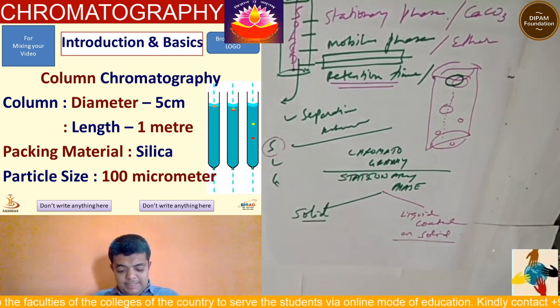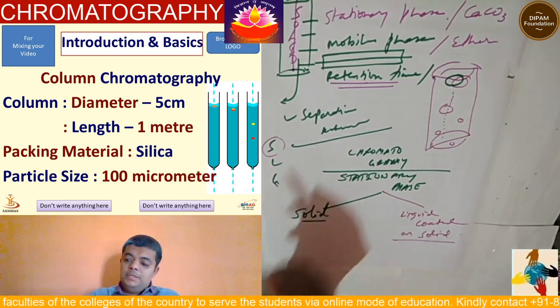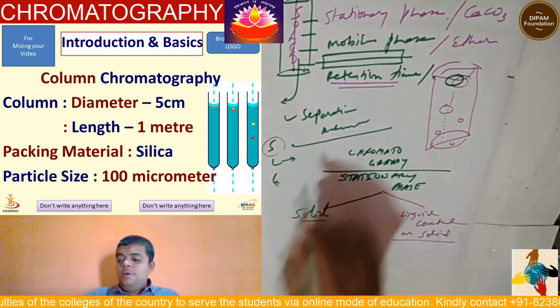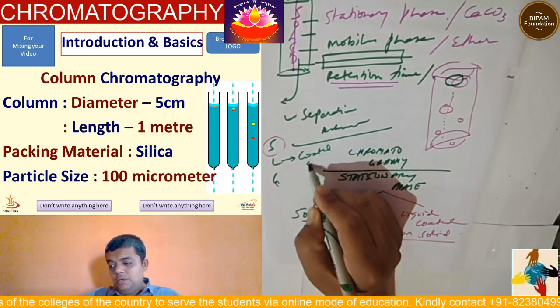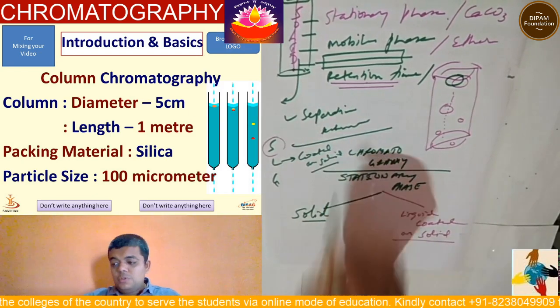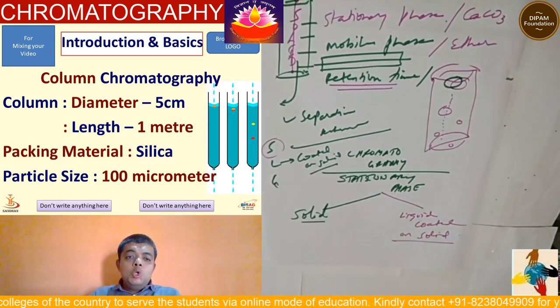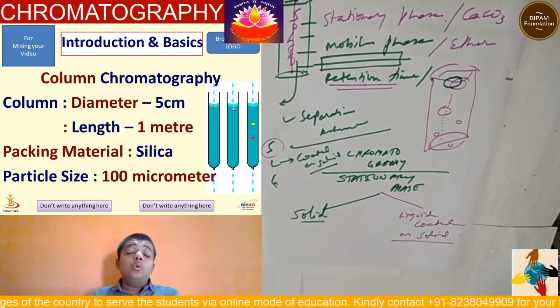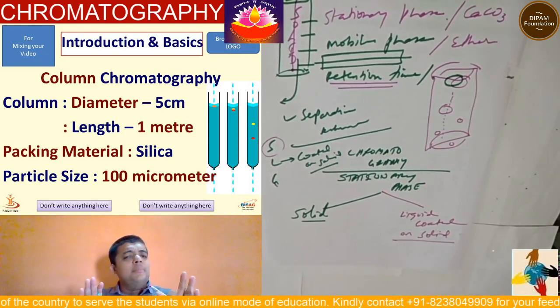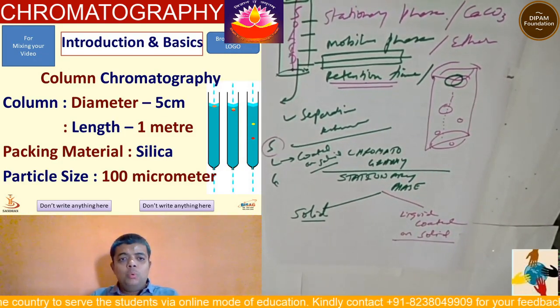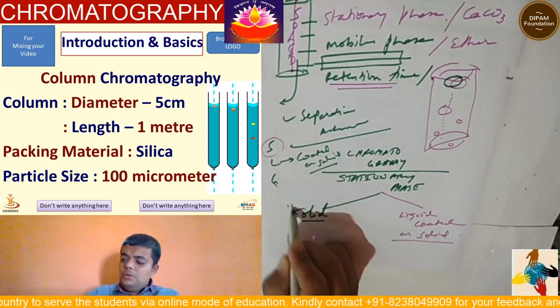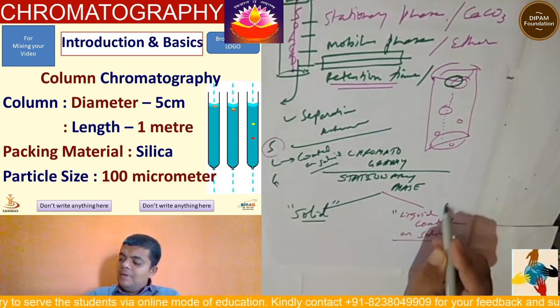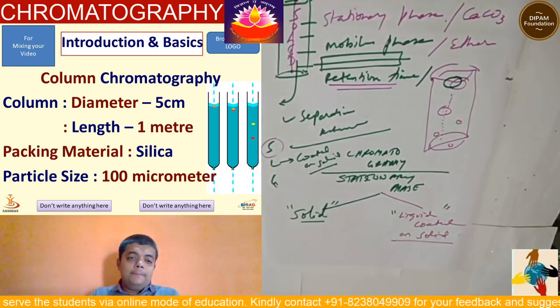But now that has been extrapolated to a liquid which can be coated on solid. So we have two stationary phases, stable phases that do not move, and they include solid as well as the liquid coated on a solid.